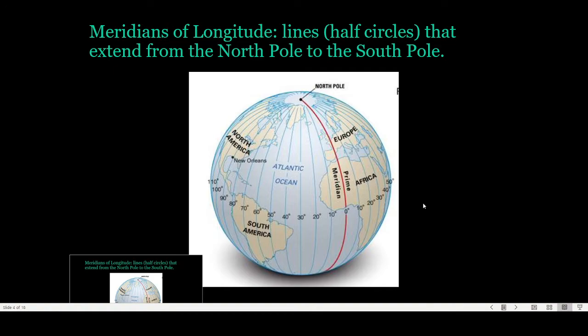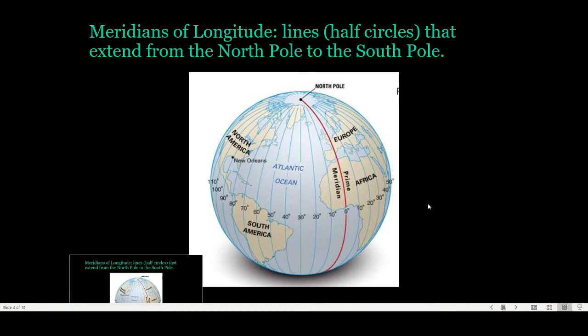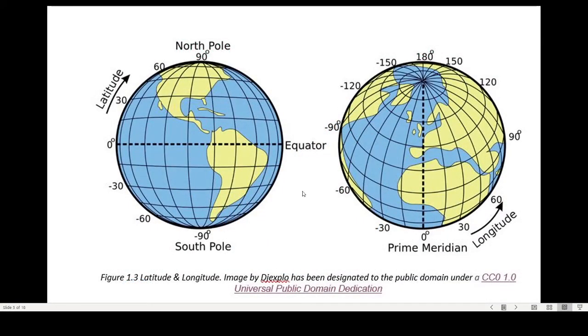And so again, this is a diagram from the lab, and it's showing you latitude in this picture. So again, 0 degrees to 90 degrees north and 0 degrees to 90 degrees south.